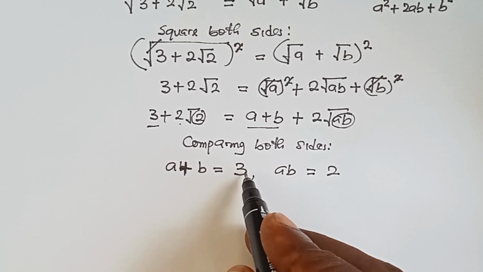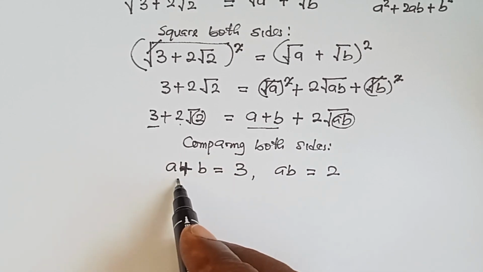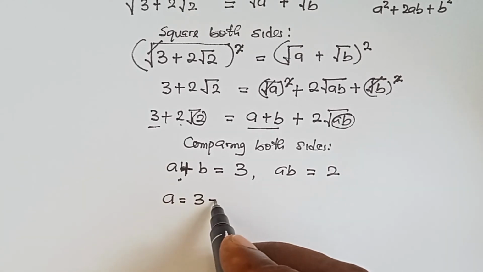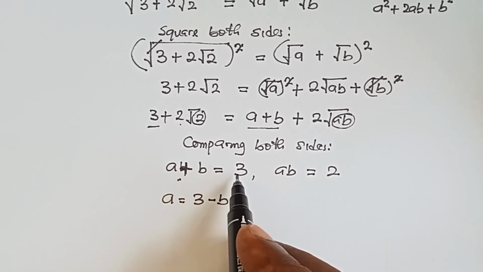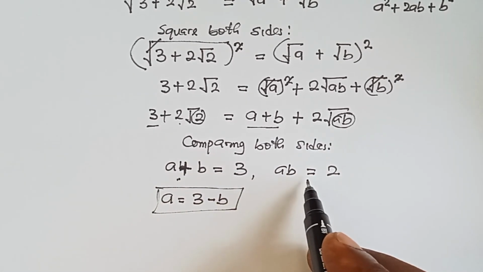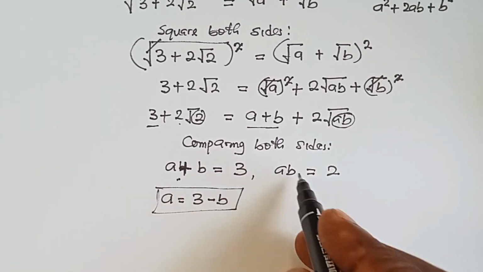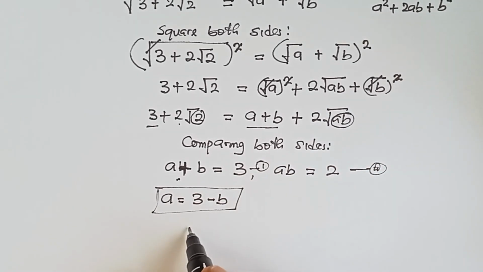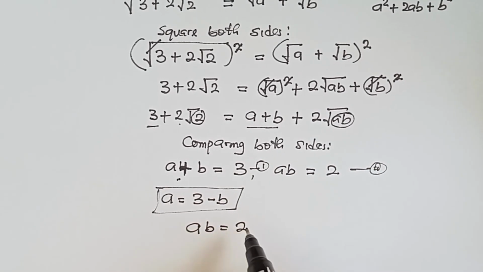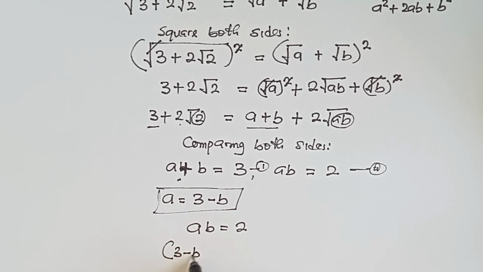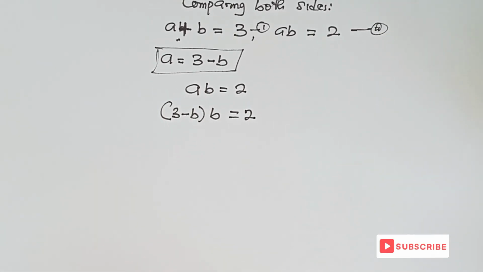From this side, we can make b or a the subject of the formula. From equation 1, a equals 3 minus b, when we move the plus b to that side. That means that anywhere we see a in the second equation, we write 3 minus b. So from equation 2, where we have ab equals 2, anywhere we see a, we write 3 minus b. So a, that is 3 minus b, times b equals 2.